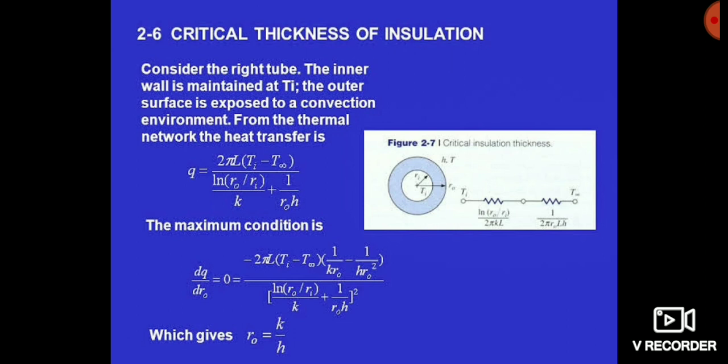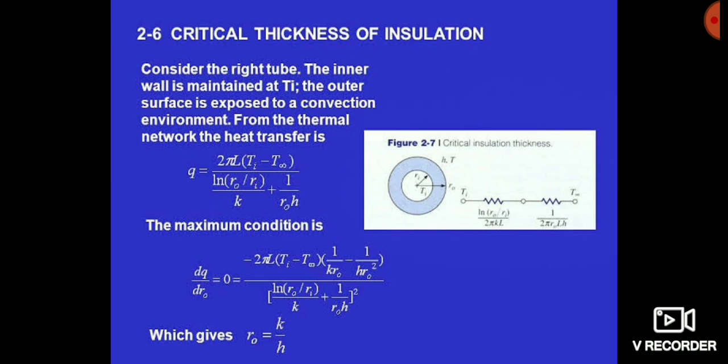Friends, many times we are confused whether it is k by h or h by k. Means I am confused many times in the examinations. So you should take care that the unit of k, the thermal conductivity of material, is watt per meter per Kelvin.